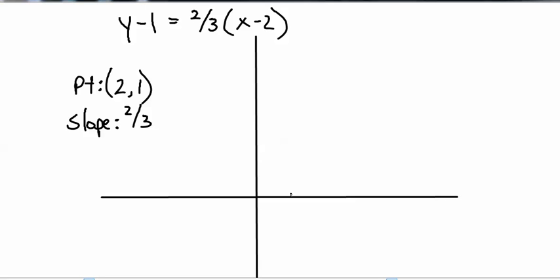So let's see. We'll make this 1, 2, 3, 4, 5, and 1, 2, 3, 4, 5. All right, let's plot this point 2, 1. So 2, 1 right there, isn't it? Now, our slope is rise 2 and run how many? 1, 2, 3.